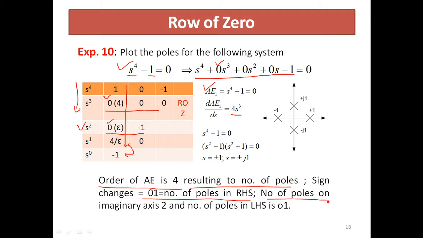Number of poles on imaginary axis 2. On calculation of roots of the auxiliary equation, s equal to plus minus 1, s equal to plus minus j1. So plus minus j1, this one, and plus minus 1, this one. So one root is appearing in RHS of S plane. System is unstable.